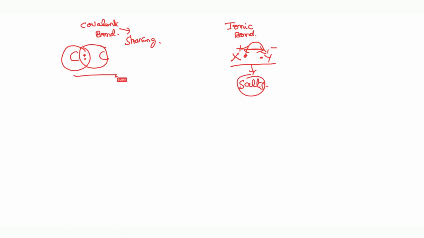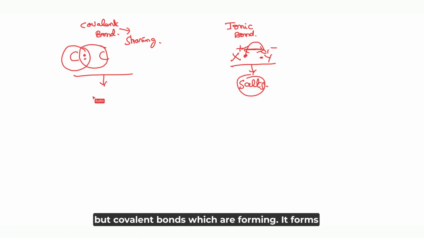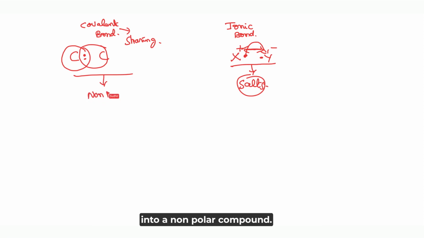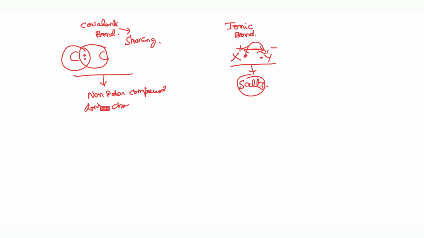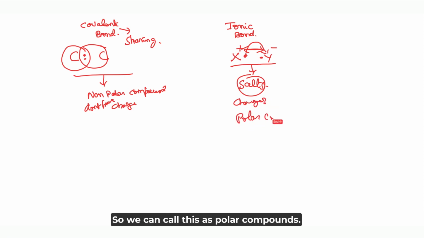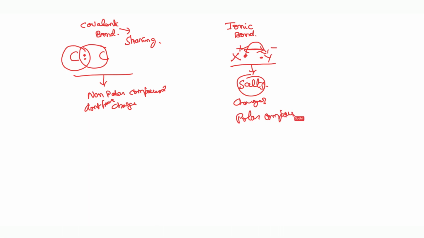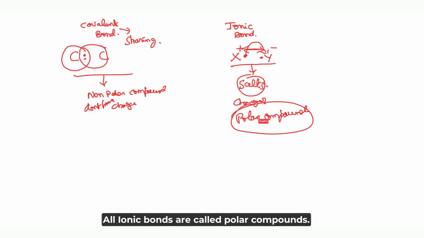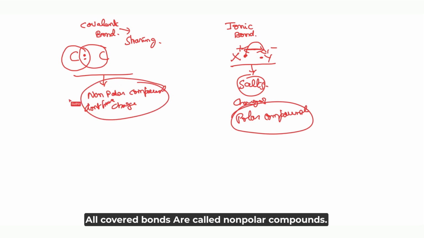Covalent bonds form non-polar compounds, which don't have charges at all. But here you have charges, so we call these polar compounds. All ionic bonds are called polar compounds and all covalent bonds are called non-polar compounds.